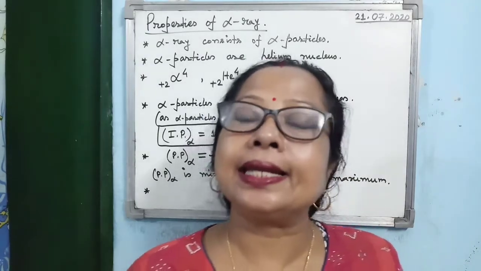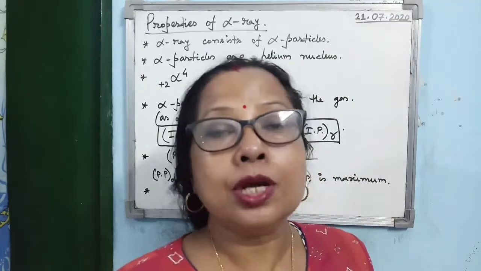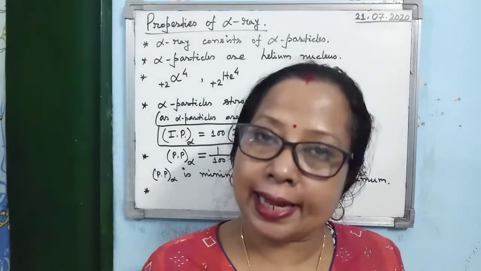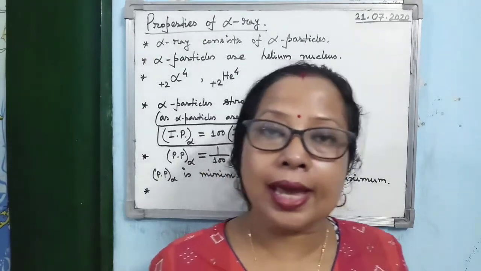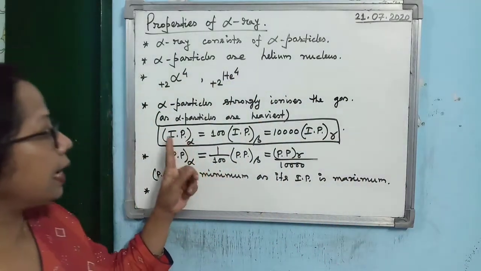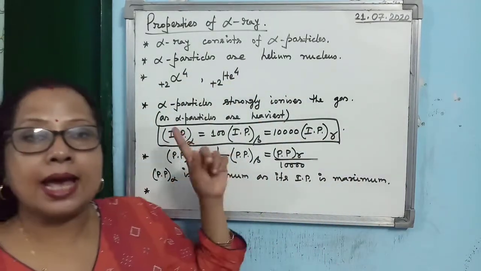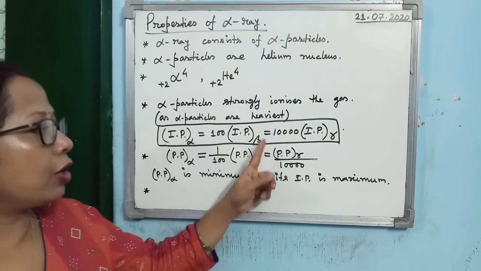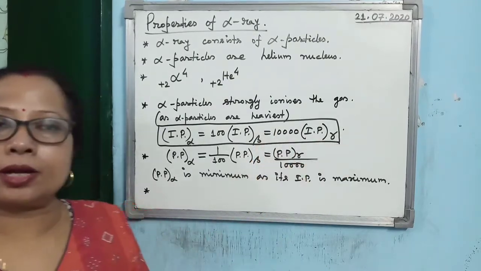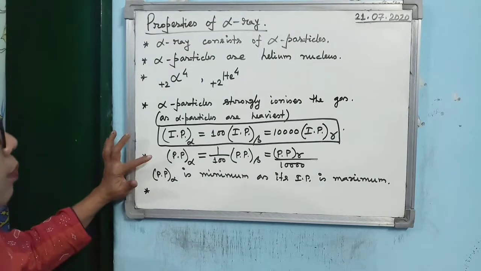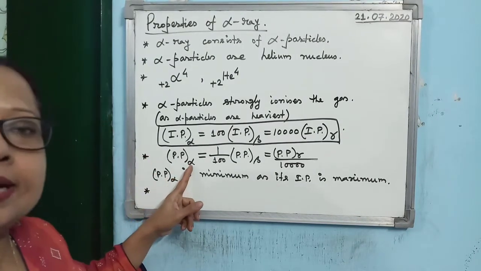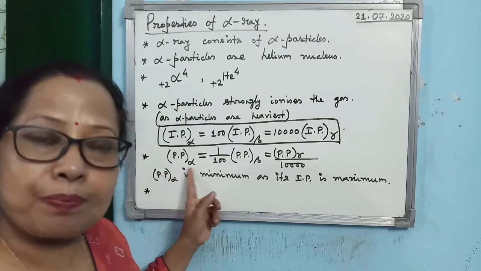So easily it can transfer its momentum and energy to the molecule, and thereby it can ionize the gas. Okay, and this is the relation that ionization power of alpha is 100 times ionization power of beta, 10,000 times ionization power of gamma.